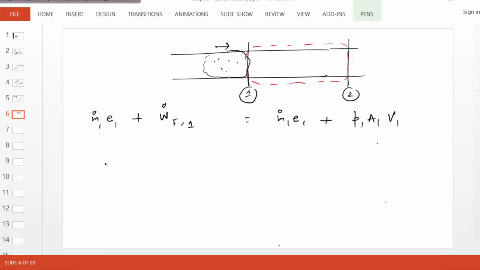If we keep expanding this term to simplify it, we can call it m dot 1 E1 plus P1, and I want to bring in a rho, density, so we can say this is rho 1 A1 V1 times P1 by rho 1. So I multiply and divide by rho 1. But I notice that this part is nothing but m dot 1.